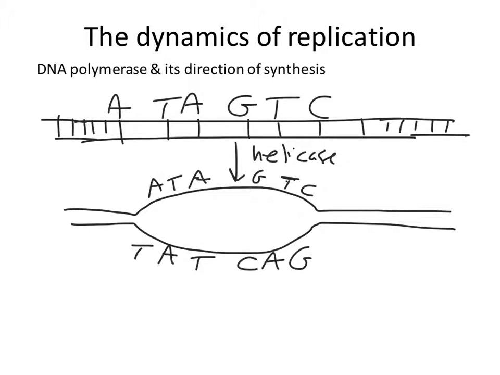So if this is a normal molecule of DNA and we've drawn it in the traditional fashion, what's the top strand up there, ATA, GTC, from left to right? It's going to be 5' to 3'. So let's just add that in as notation. And that makes the bottom strand antiparallel.